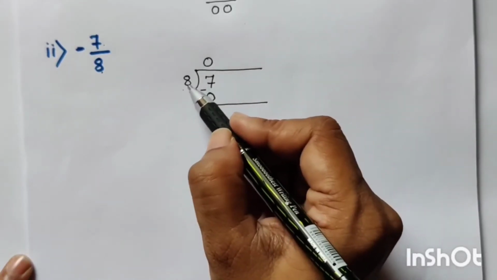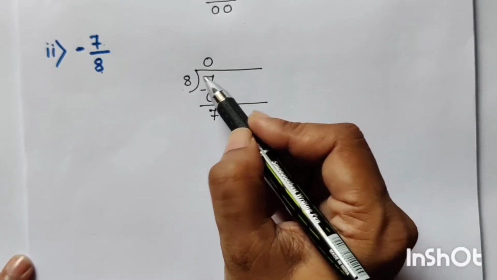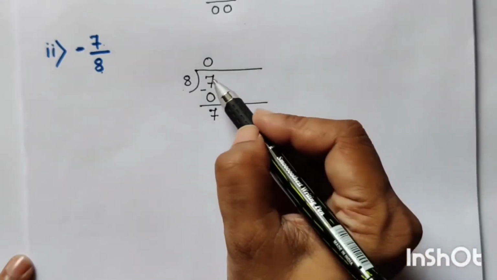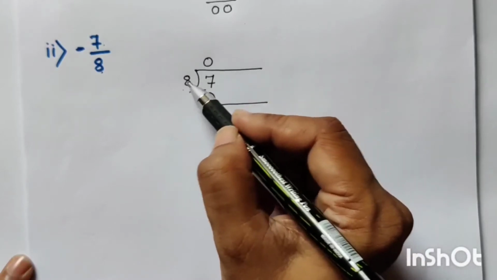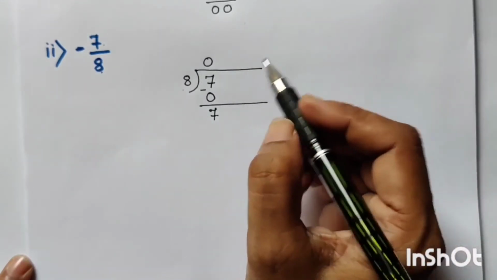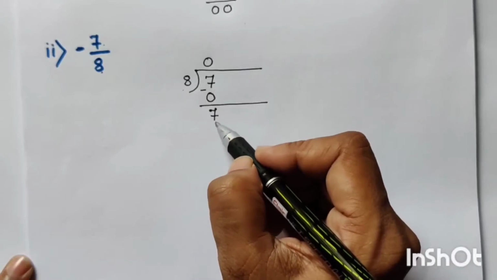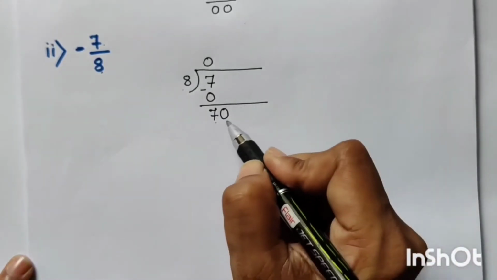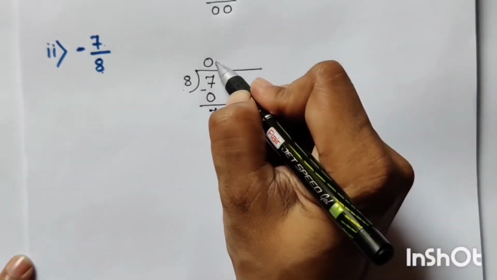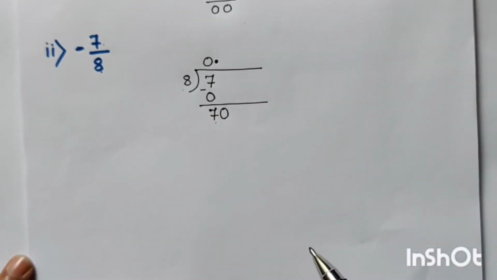Because the dividend is smaller than the divisor, first we have to divide by 0. After getting the remainder 7, we put 0 after 7. For this 0, we will put a decimal point in the quotient.